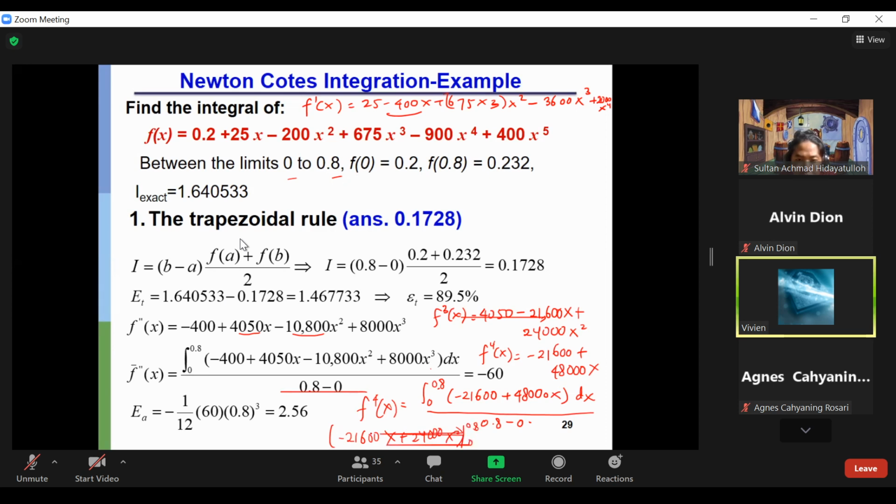So if we insert the value of 0.8, then we have 21,600 times 0.8.